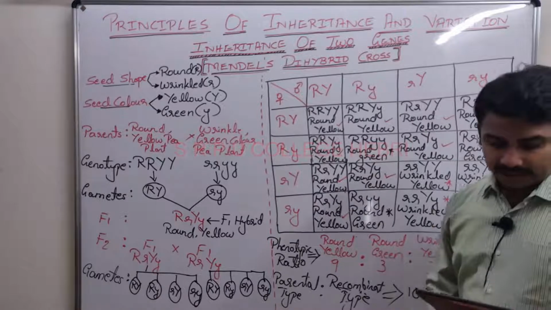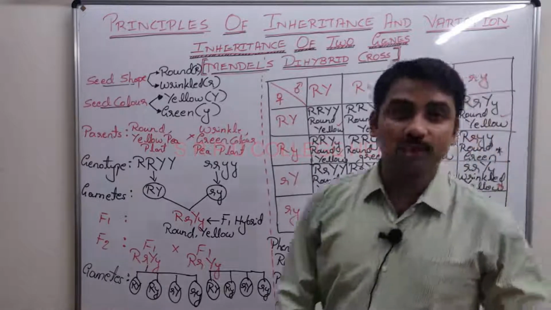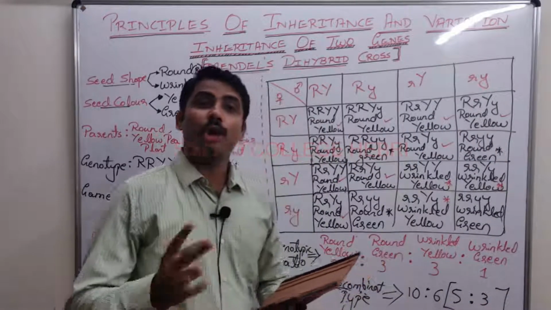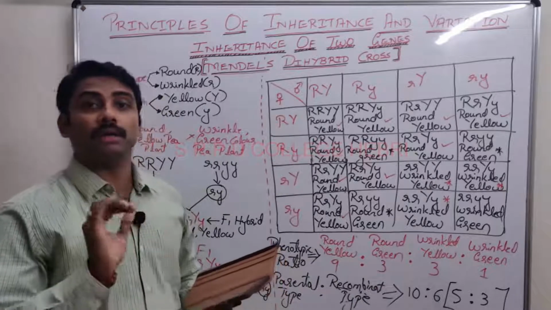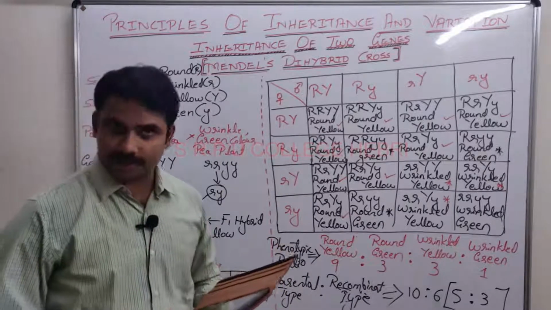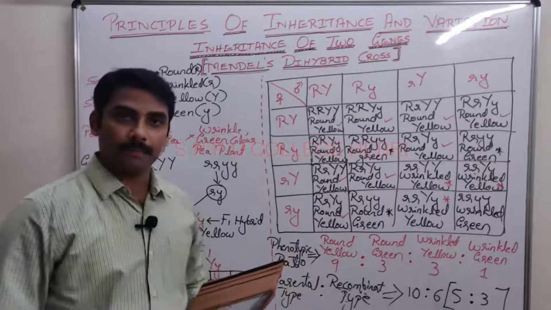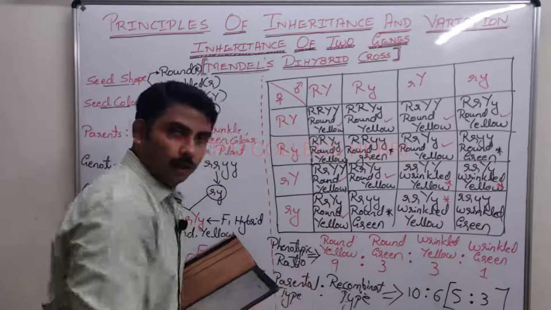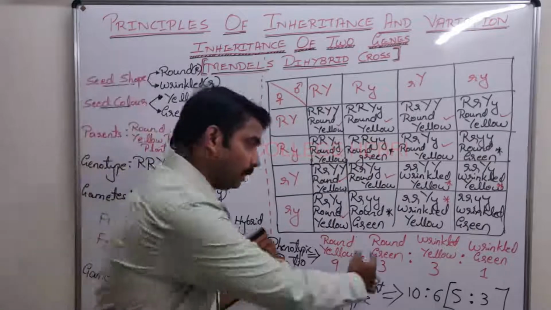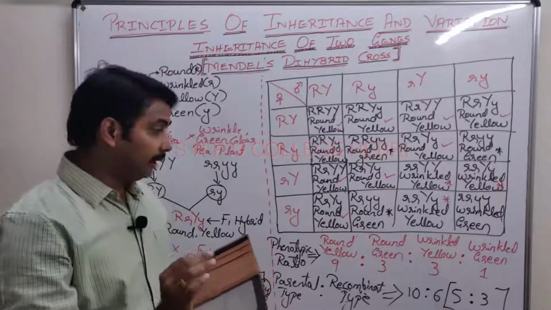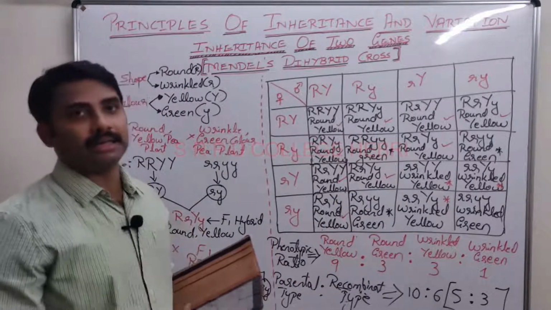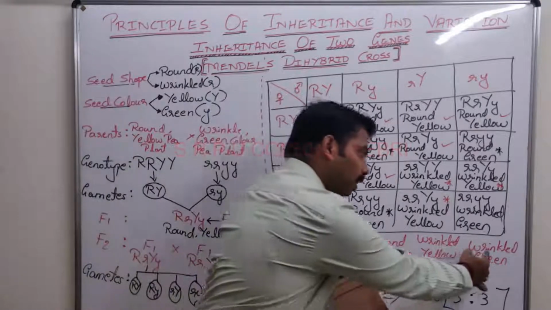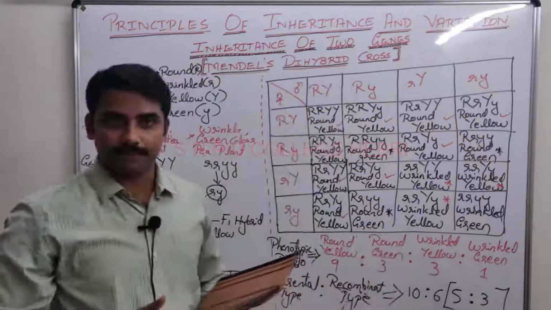Okay. Next line. In F2 generation, he obtained 4 different types of plants. They are, number 1, round yellow, number 2, round green, number 3, wrinkled yellow, number 4, wrinkled green.